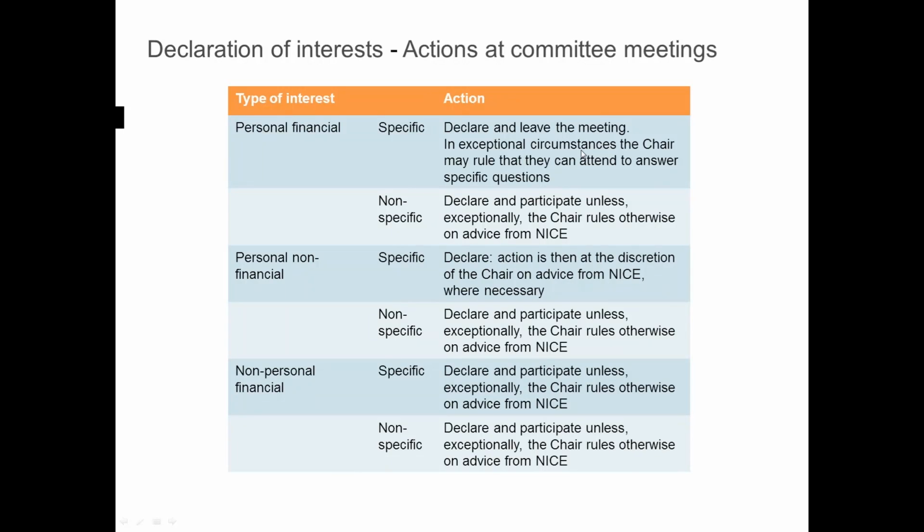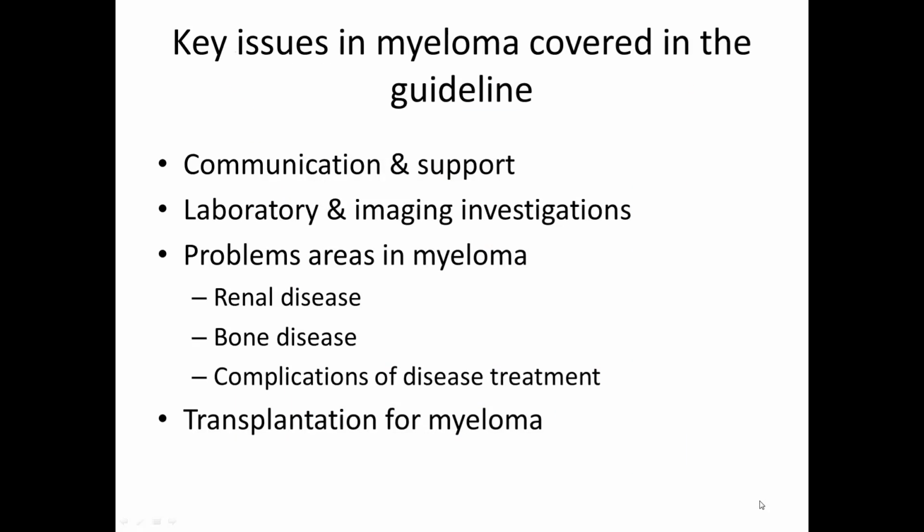That's shown here. So offer is something that we use to indicate a strong recommendation, and we'd use that if the benefits clearly outweigh the harms and is likely to be cost effective, whereas consider is a weaker recommendation where the evidence is not as strong.